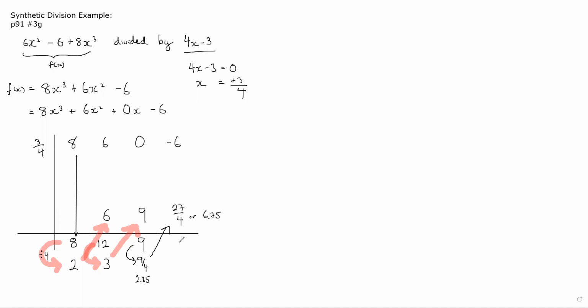And if you add that together with -6, you end up with 3/4 or 0.75. Okay, and the remainder you can just leave. The answer to this question would be, as I said, the lower set.